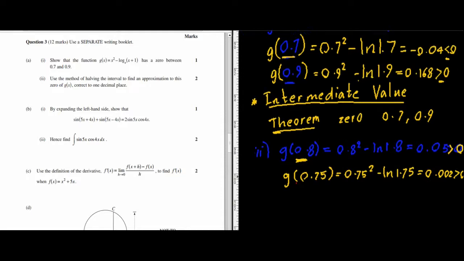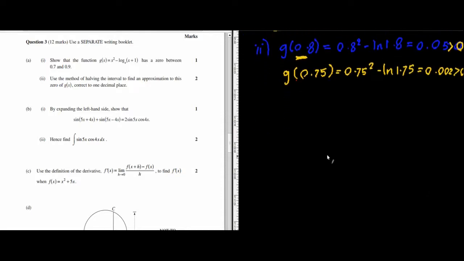So it's somewhere between 0.7 and 0.75, and rounding it to one decimal place, it's going to be 0.7. Remember, it's not 0.75. I round it down to 0.7 for one decimal place.